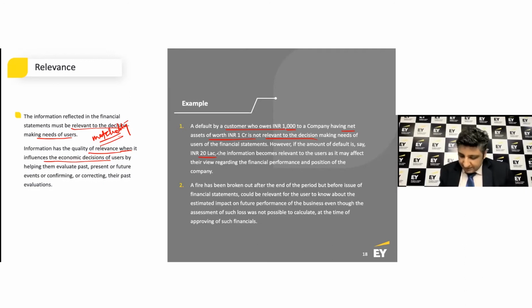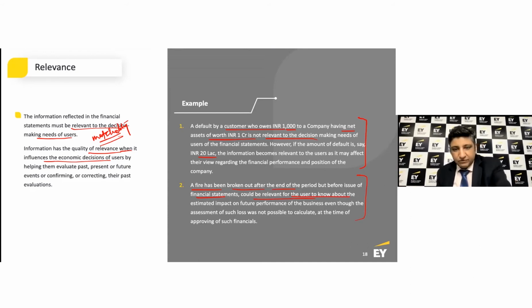Similarly, if there is an instance like a major fire taking place after the end of the reporting date but before the issuance of the financial statements, this could be relevant information again, right? You don't want to make the user wait until the next accounting period to give the details of this major fire. So you need to be careful judging what is relevant and what is not relevant.